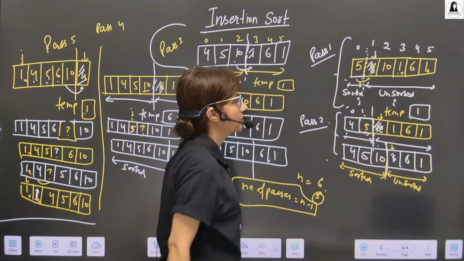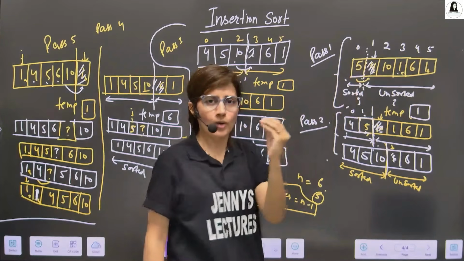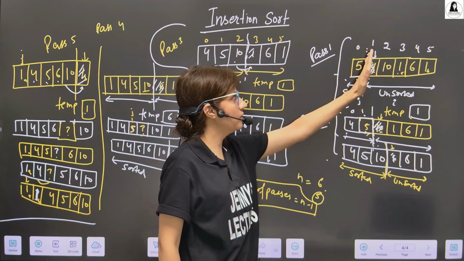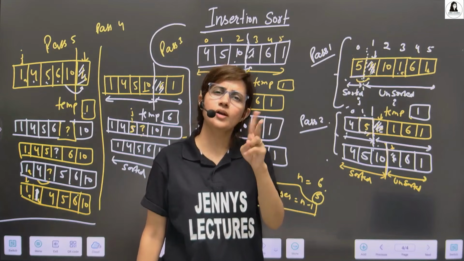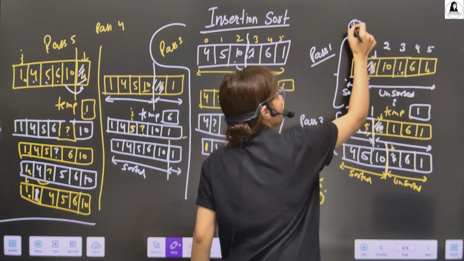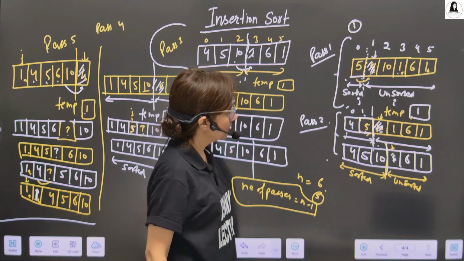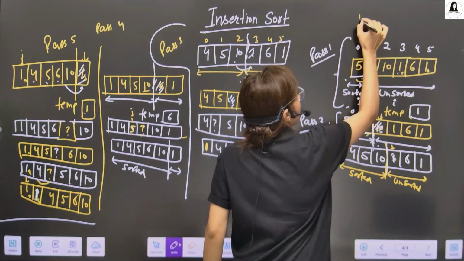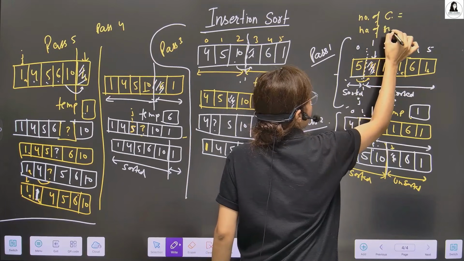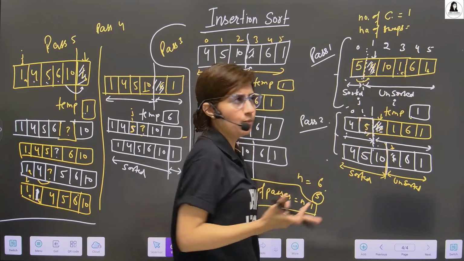In pass 1, how many comparisons? In the sorted array, now I have only one element. We start from the second element, and we assume that this is my sorted array. So we need only one comparison at max. In the first pass, one comparison, and the number of swaps is at most 1.